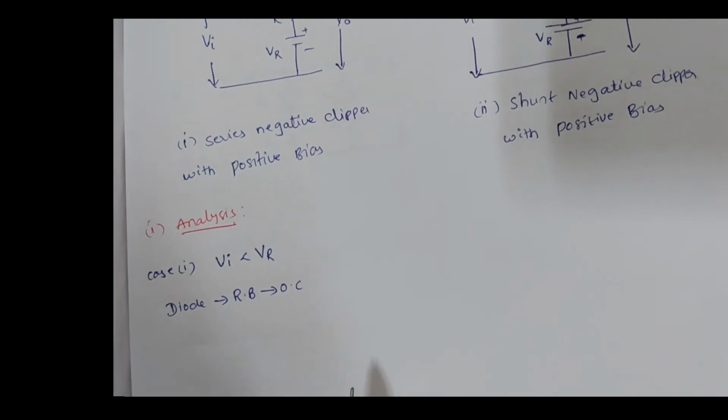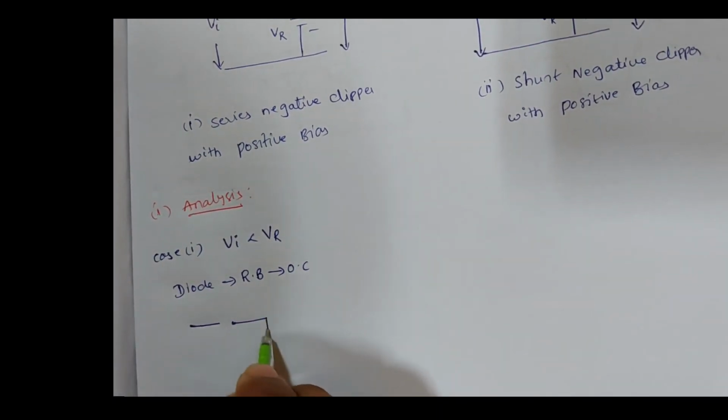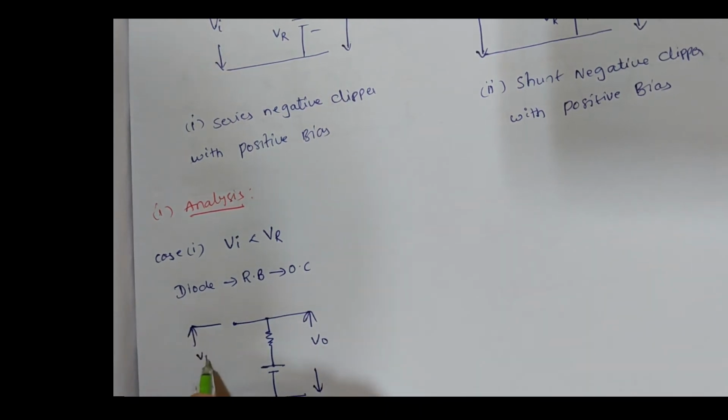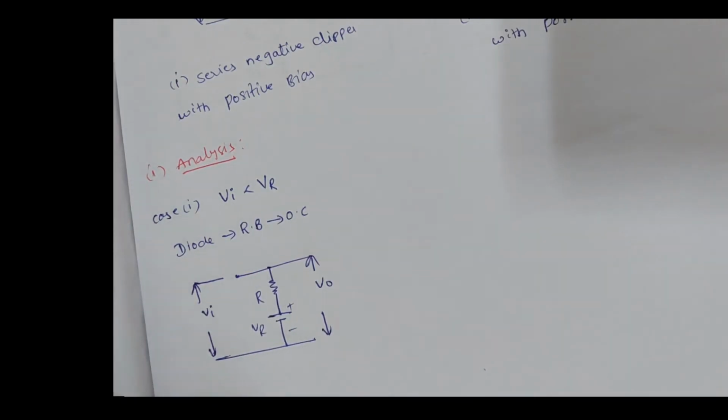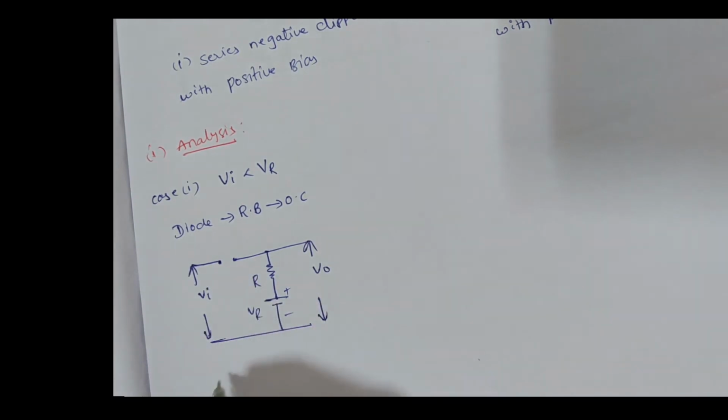Then we can draw the equivalent circuit like this. This is our Vi, plus minus VR, it is R. From this we can say there is no current flowing in this circuit. So we can write V naught equals to VR.